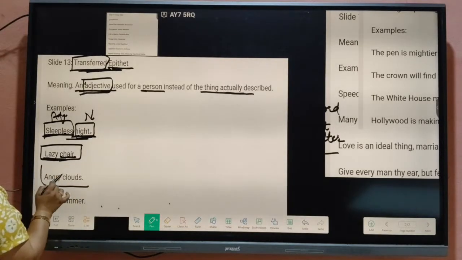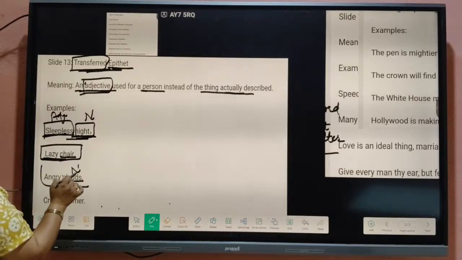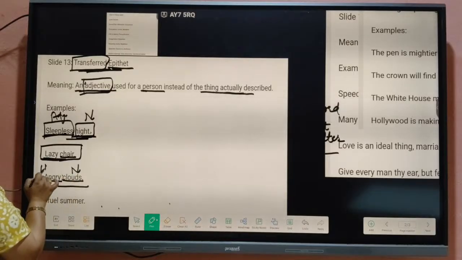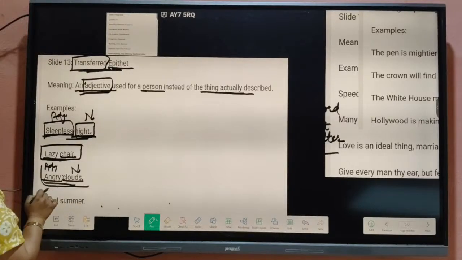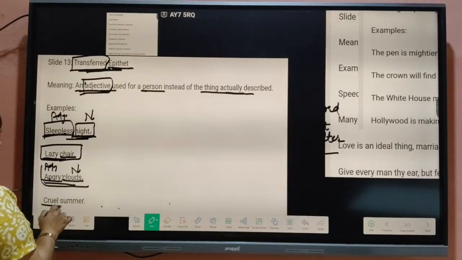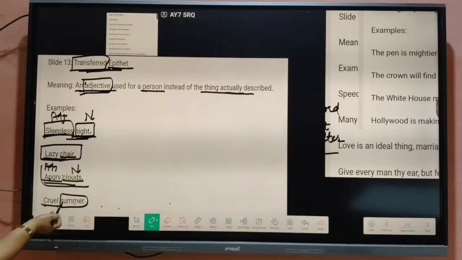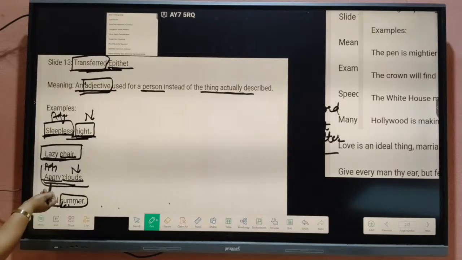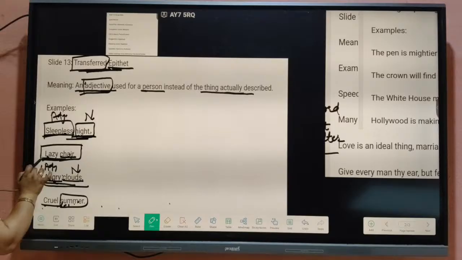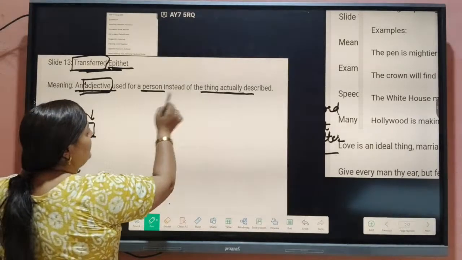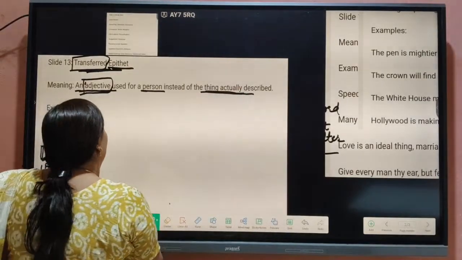Angry clouds: here cloud is a noun and angry is an adjective. Cruel summer is also a transferred epithet, because summer will never be cruel, people are cruel. Clouds are never angry. A chair is never lazy. But we are transferring our qualities instead of the thing actually described.